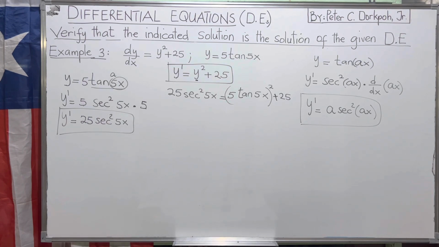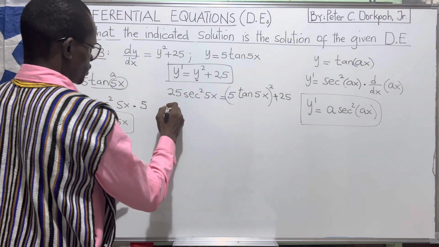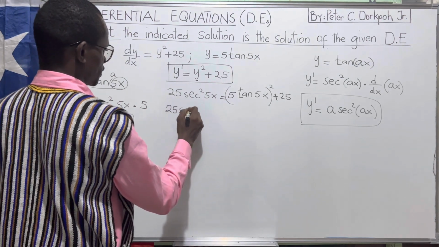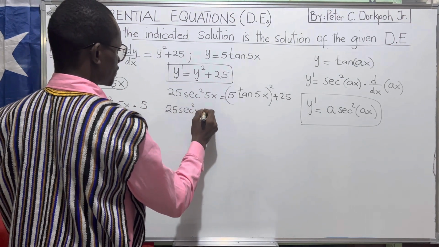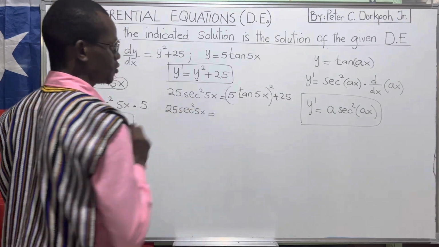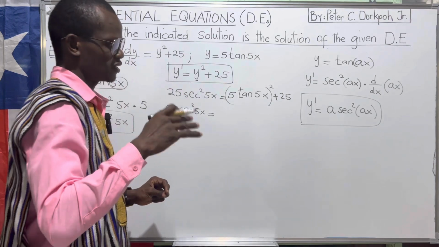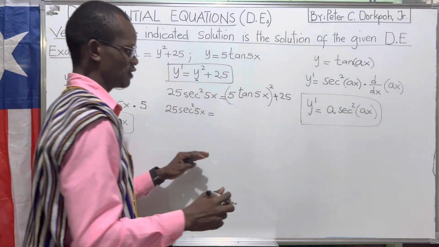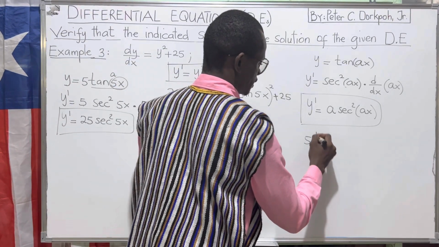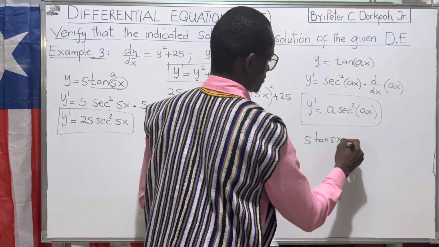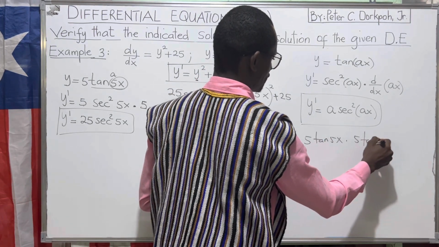If we simplify that expression, we can bring in some identities. So we have 25 secant square of 5x equals 5 tangent of 5x times 5 tangent of 5x.